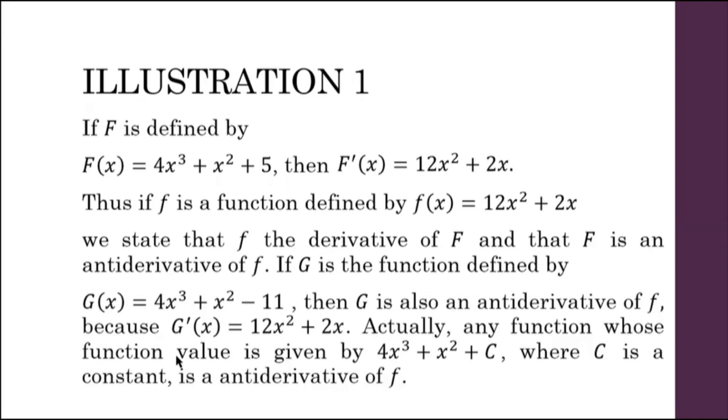Actually, any function whose value is given by 4x cubed plus x squared plus c, where c is a constant, is an antiderivative of small f. Even though their last terms differ, positive 5 for big F and negative 11 for big G, referred to as a constant c, both are antiderivatives of small f.